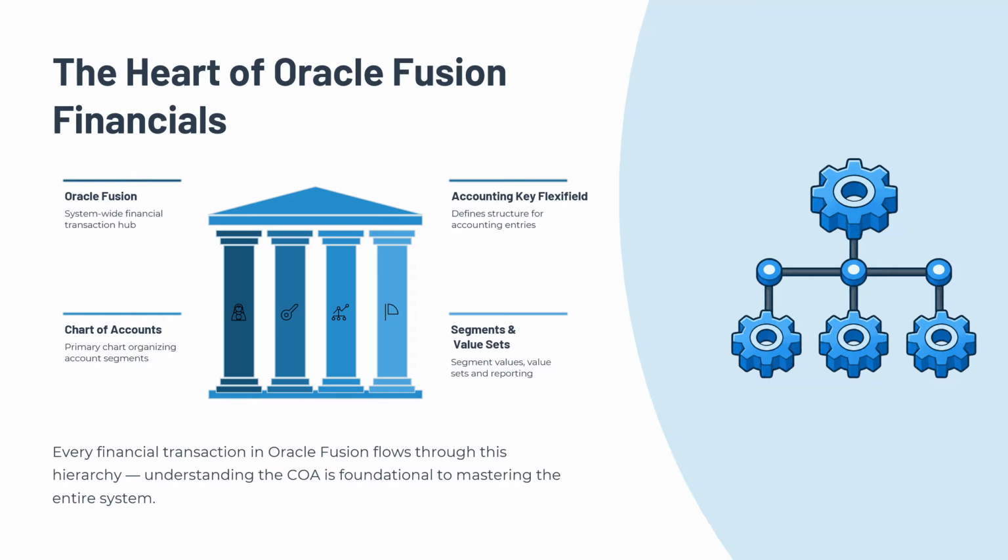Under the chart of accounts we have segments and value sets. If we are creating a chart of accounts, at least two minimum segments are required. What are those? Company and account.